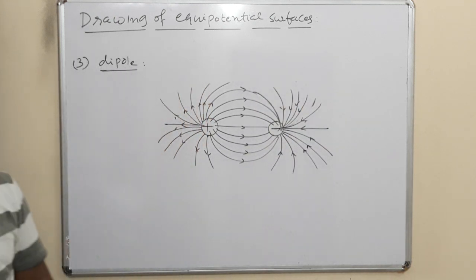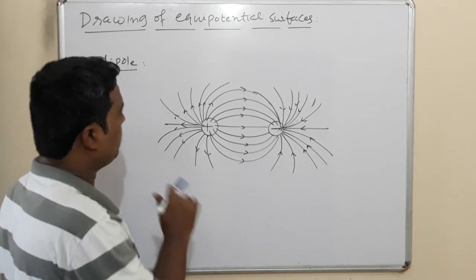Then how to draw the equipotential surface? It is a system of dipole, positive and negative charges separated by a small distance.